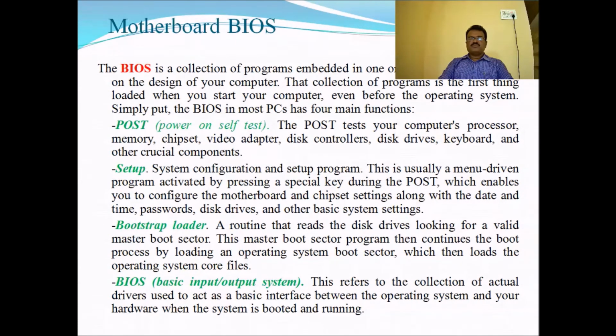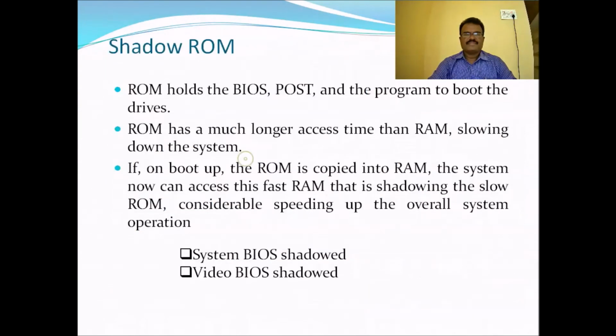So basic input output system, this refers to the collection of actual drivers used to act as the basic interface between the operating system and hardware when the system is booted and running. So these are the main functions of a BIOS. Here we can also see shadow RAM. ROM holds the BIOS and the program to boot the drivers.